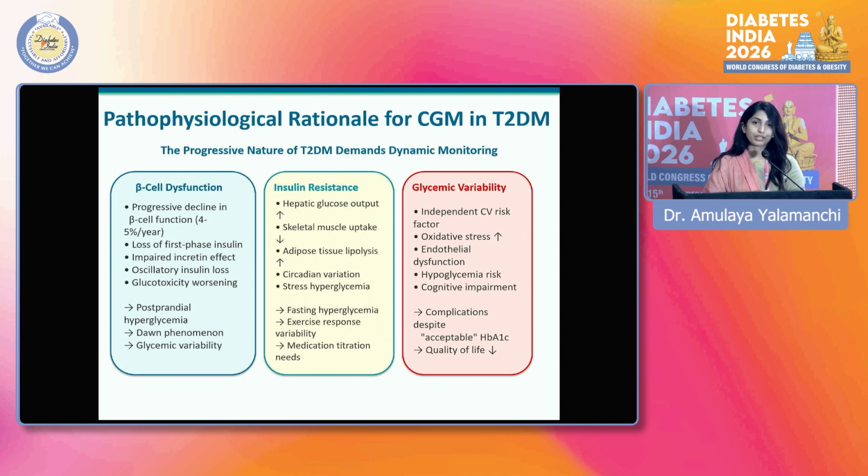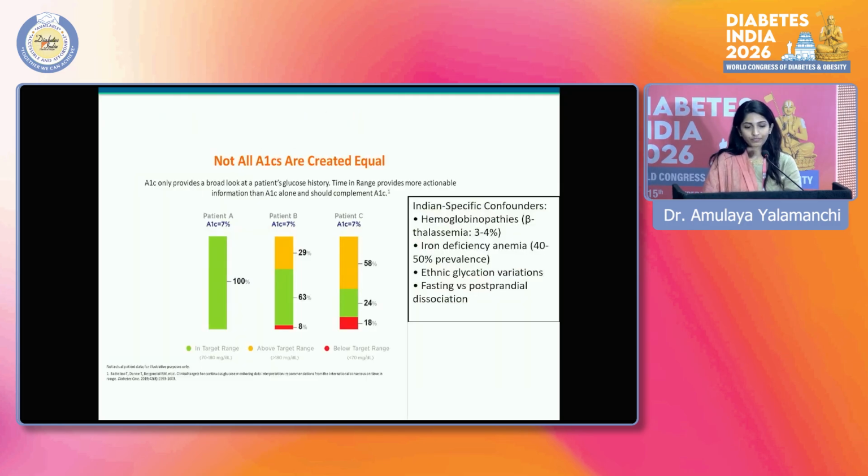Glycemic variability is now recognized as an important CV risk factor, which increases endothelial oxidative stress and endothelial dysfunction as well. But if we look at this data, the HbA1c is 7, which we usually see in our clinical scenarios, and we think that it's normal, so we can continue the same medication, or maybe if it's a younger population who wants remission, we might have to increase it a little.